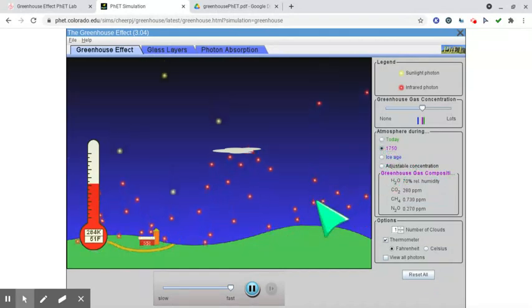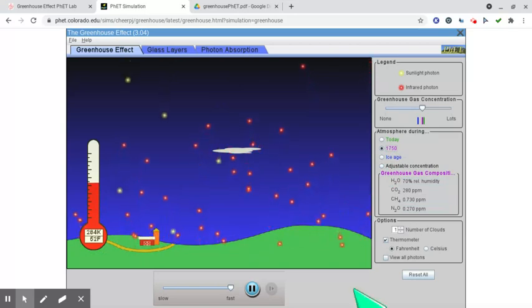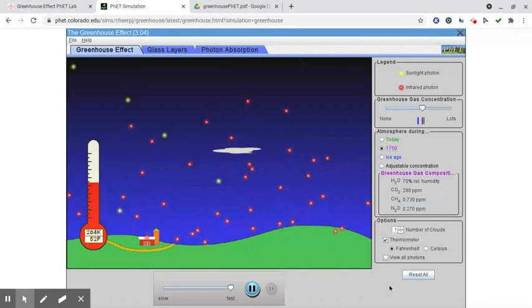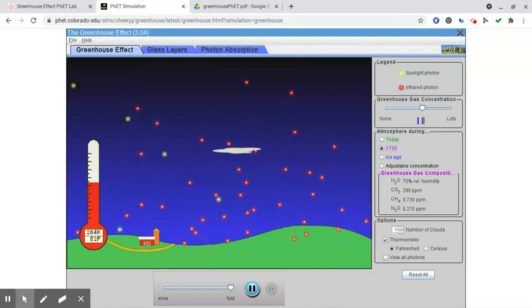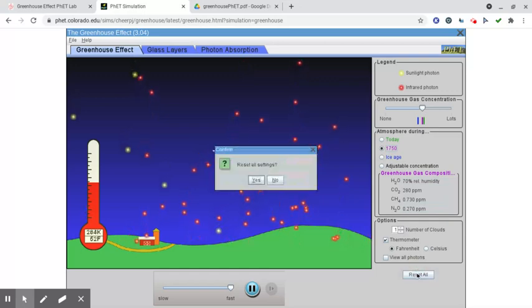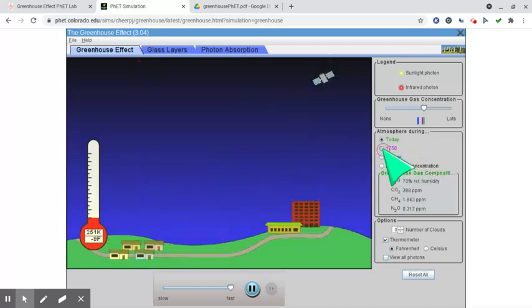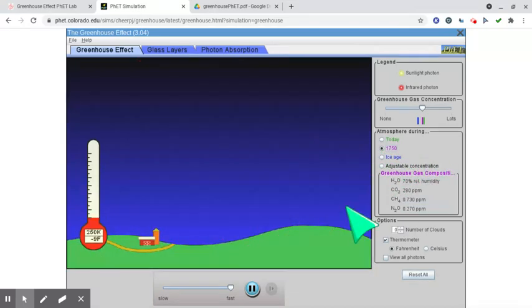Okay, so 1750. Let's reset it. I feel like we got some of that infrared still in our system. Okay. We'll kind of watch it. Sunlight coming to the earth.